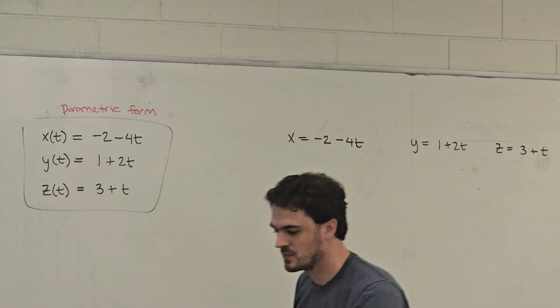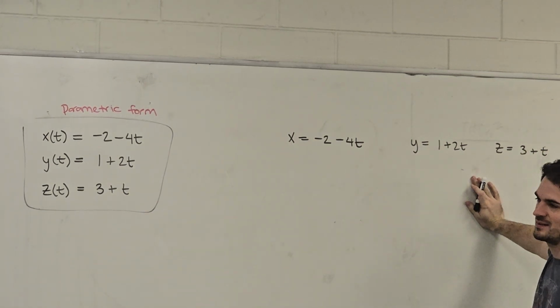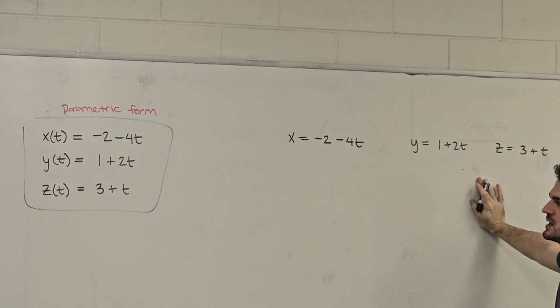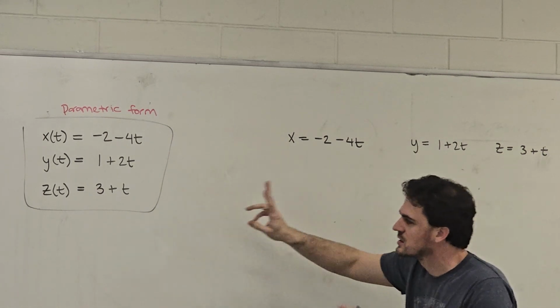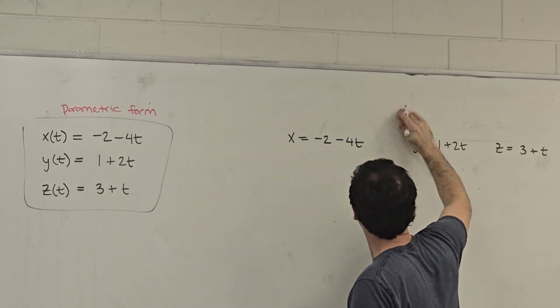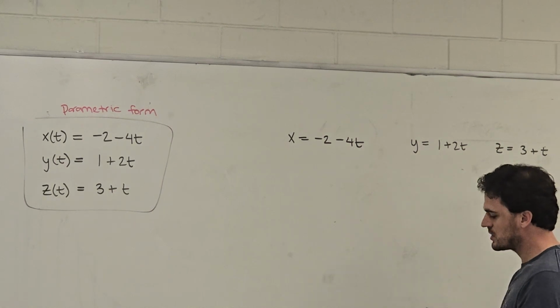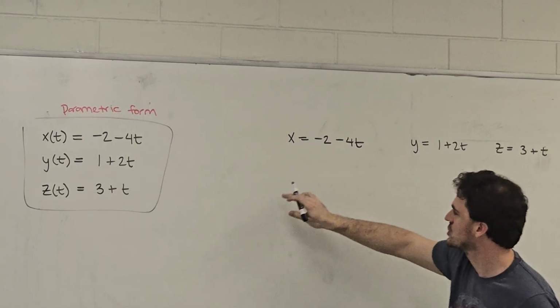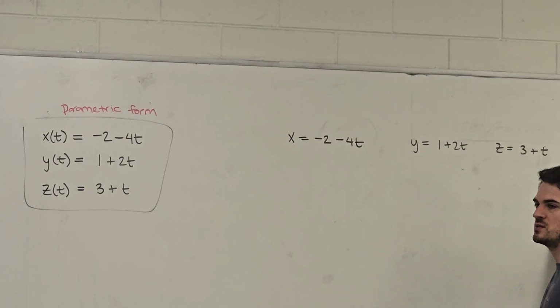The last form is kind of like the standard form of two-dimensional lines, which is, I don't really need it, but it is definitely worth showing. It does come up sometimes. So to get to this symmetric form, I'll write it at the very end when we get there. Kind of just ditch the x of t notation and just write x equals. And for each of these equations, solve for t.